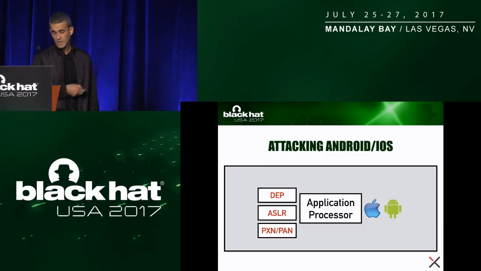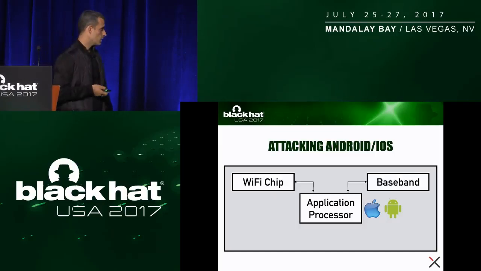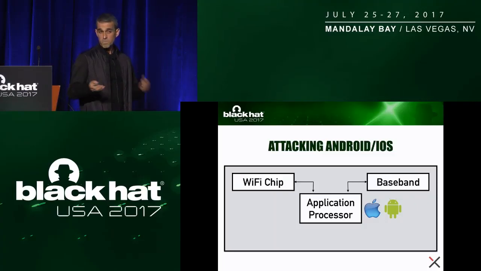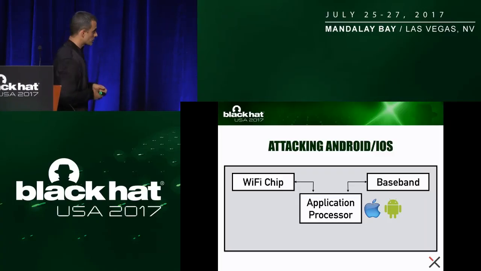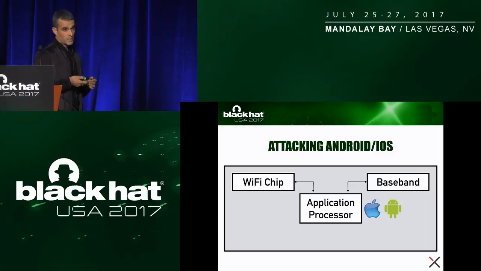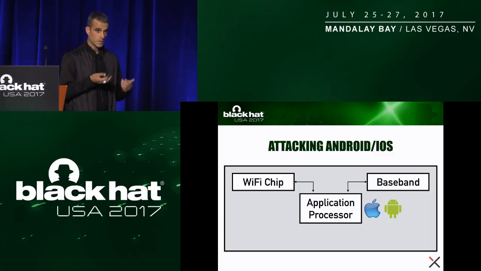So we've started looking around the neighborhood, looking at a mobile phone but not at the main application processor. And we've come up with two alternatives, two other chips that exist both on iOS and Android that have a very extensive interaction with the application processor. One of them is the baseband, which handles 3G and 4G communication along with many other tasks.